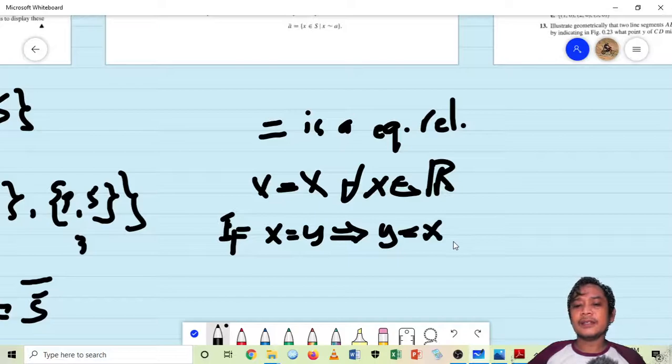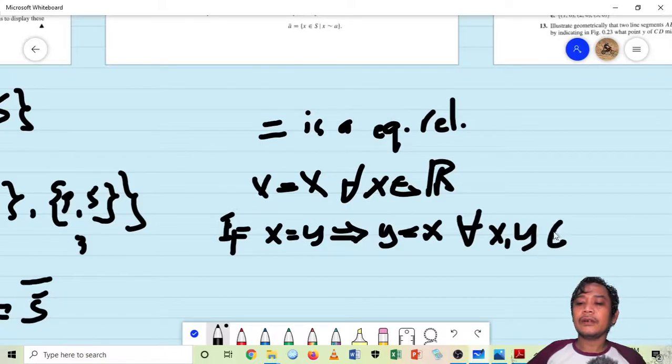That is, the relation equality is symmetric. This is true for all real numbers x and y. We call that the symmetric property of equality. Also, we have the transitive property of equality.